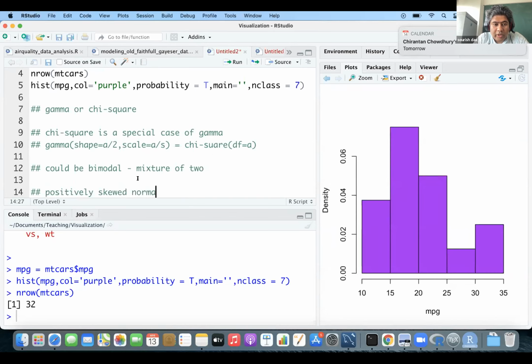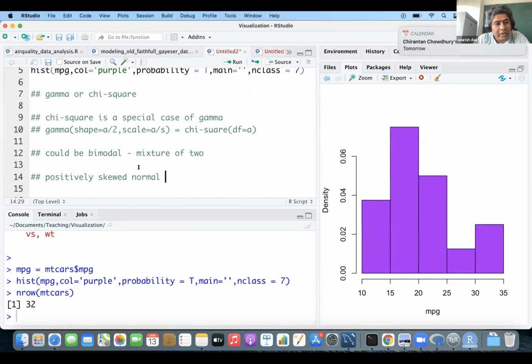I don't know how to make a normal positively skewed, so I'm a bit worried. There are some very complicated versions of the skew normal distribution, but that's in the multivariate statistics domain. Probably that can be extended.